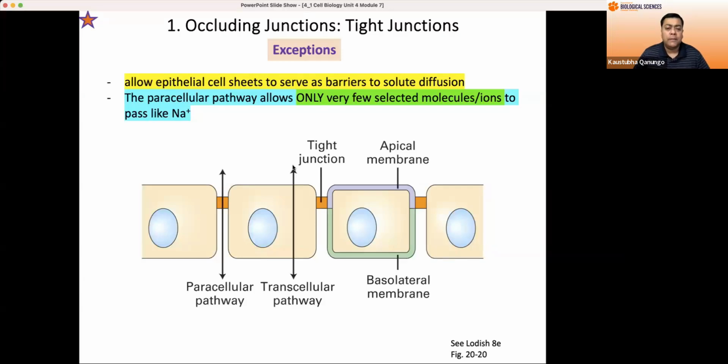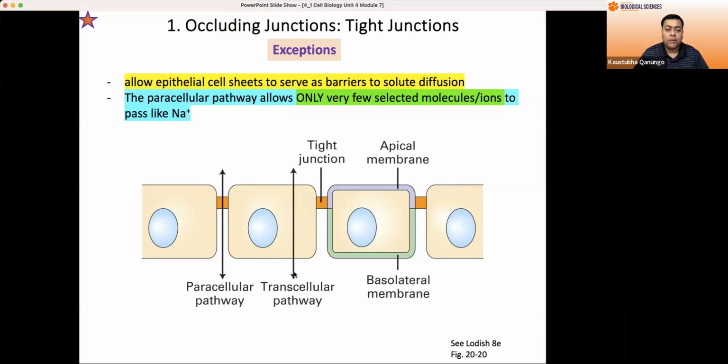Most of the molecules, if they need to move between the apical and the basal surface, need to move either by diffusing through the membrane, which is possible for very few molecules, or, for most of them, through some kind of carriers, which could be channels, pumps, symporters, or antiporters.